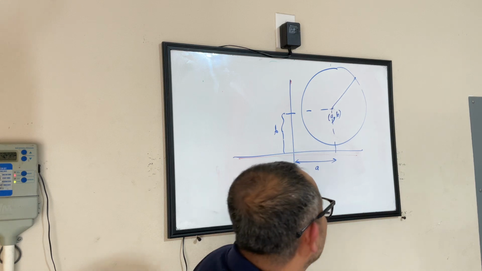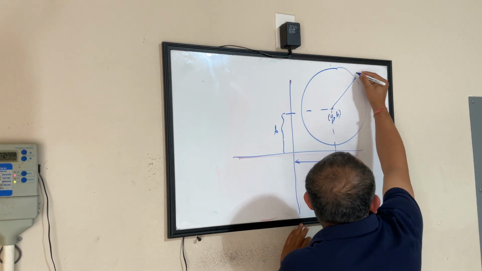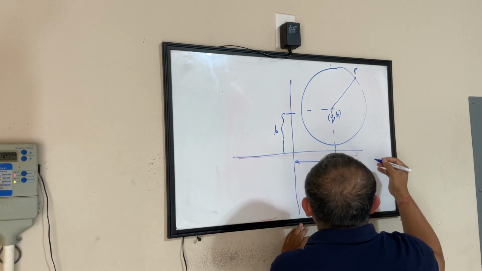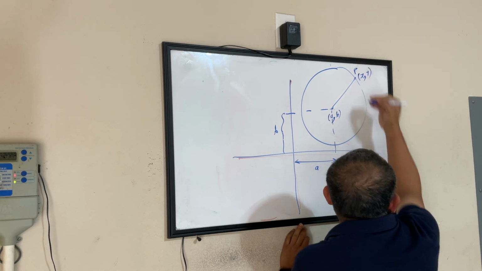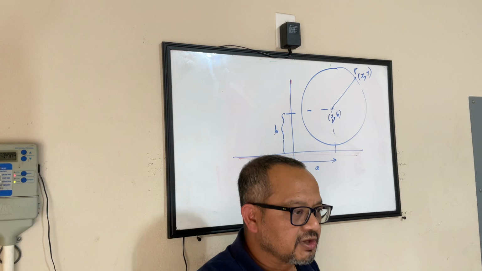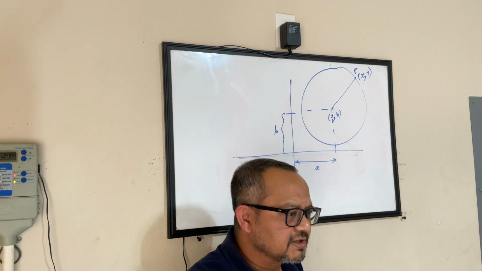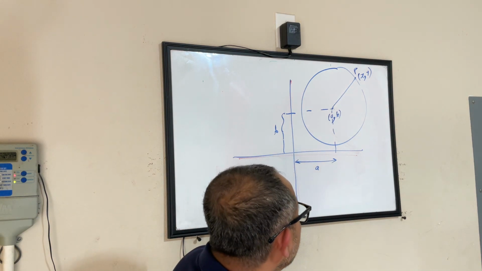So let's say I picked up a point, let's say P, and the coordinates of the point are x comma y. Is that okay? I have just said x comma y. This is a value.